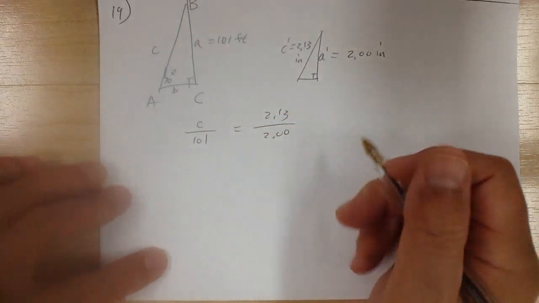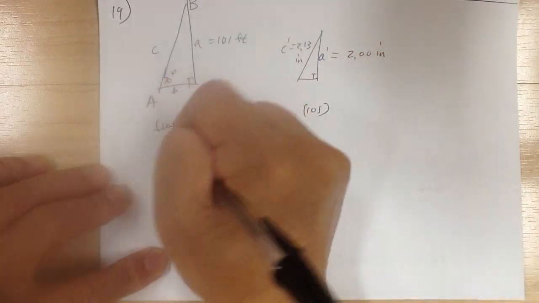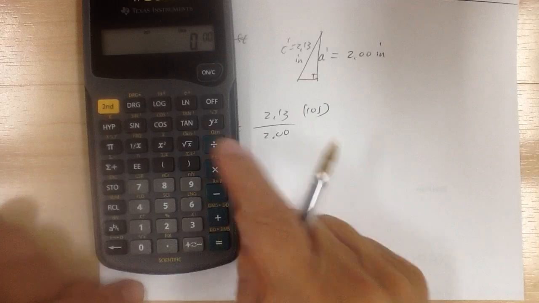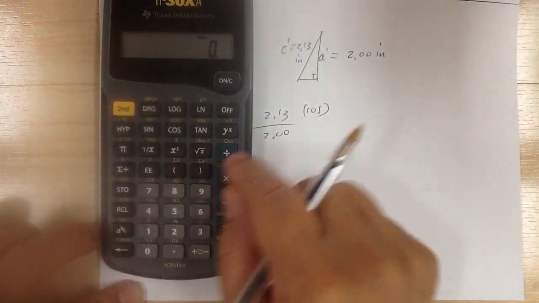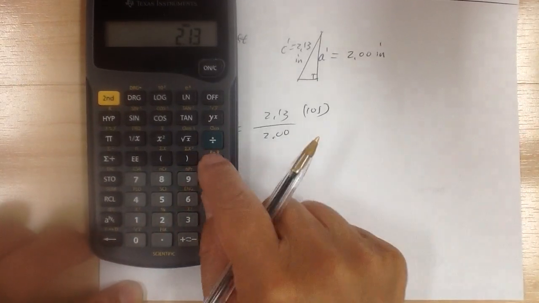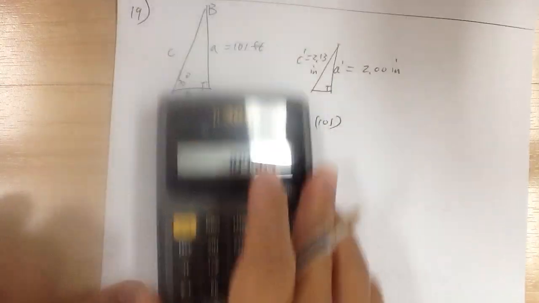Then multiply by 101, so this will cancel out. So C will equal, and right now it's in scientific notation mode, so I'm going to get it back to the regular mode. So 2.13 times 101 divided by 2, equal.